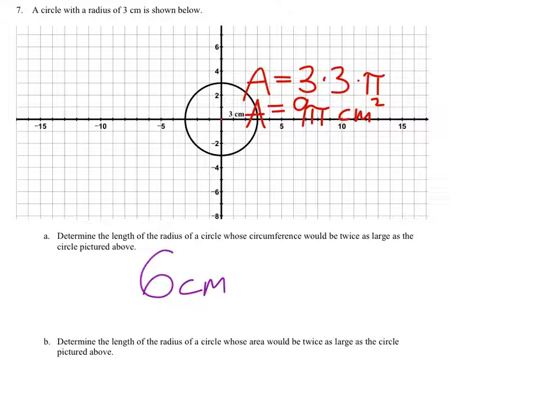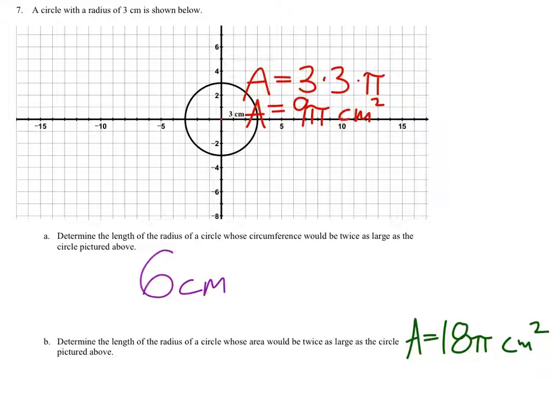Now this one, B, says that we are taking the area and doubling it. It's twice as large. So the area of this one, down here, is 18 pi centimeters squared. Now this is not the answer for B though, because the question is, what is the length of the radius? Well, the area in relation to the radius is radius squared times pi.